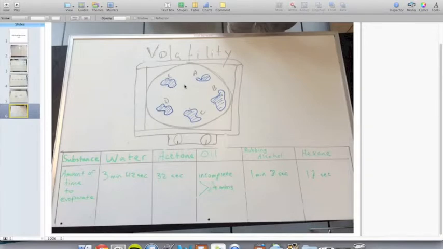And then we took a timer and we gave a limit of 4 minutes to see how fast the substance would evaporate. Hexane was the quickest, evaporating after only 17 seconds, and oil took the longest, meaning that it wasn't even finished evaporating yet when we finished the test.